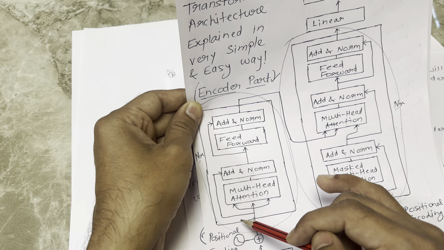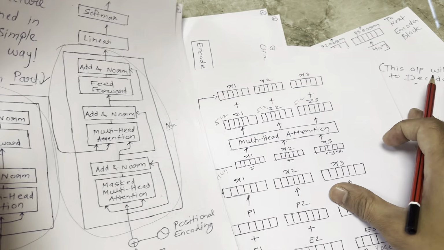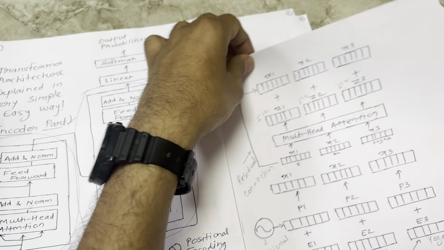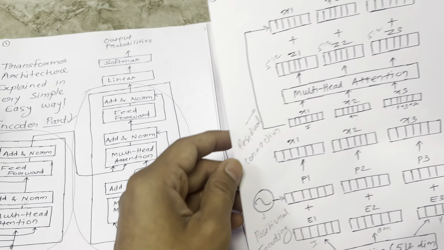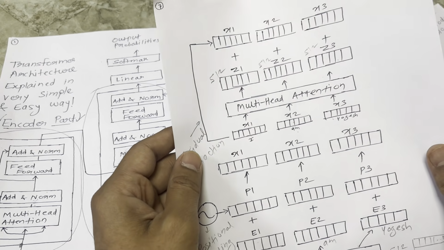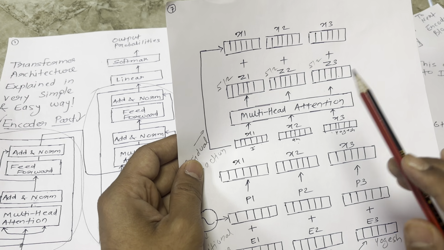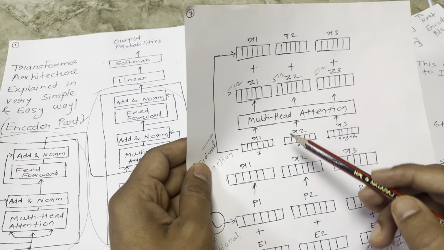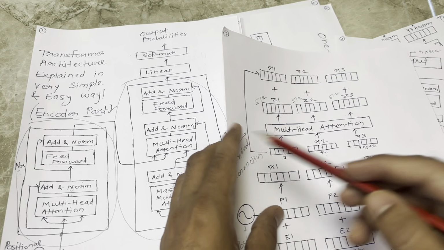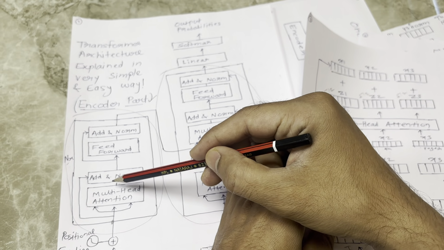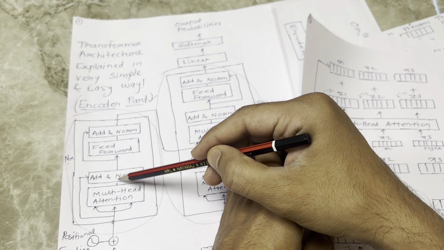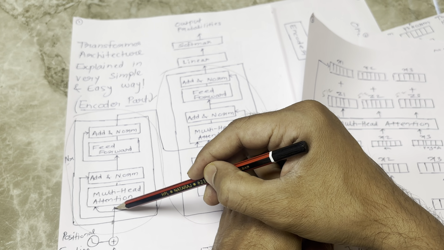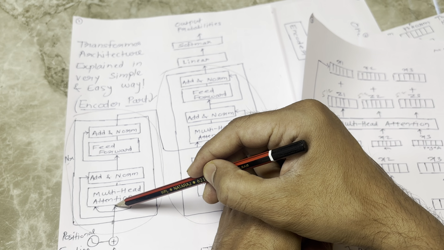What happens is when you send your x vectors, x1, x2, x3, one path goes into multi-head attention. You see here? x1, x2, x3 will come from here and go into multi-head attention.